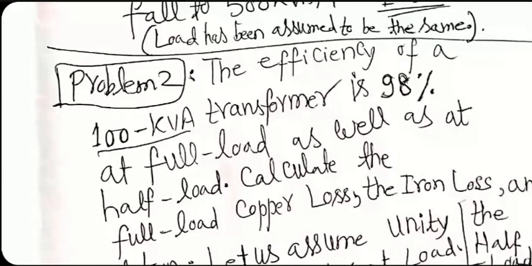When we say full load, we mean the recommended secondary current is what we are drawing. And when we say half load, we mean 50% of that current is being drawn from the secondary. I'm talking magnitudes. So full load means recommended full secondary current is being drawn. And even at half load, the efficiency remains the same.